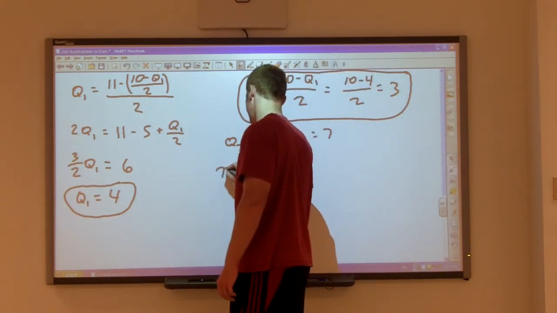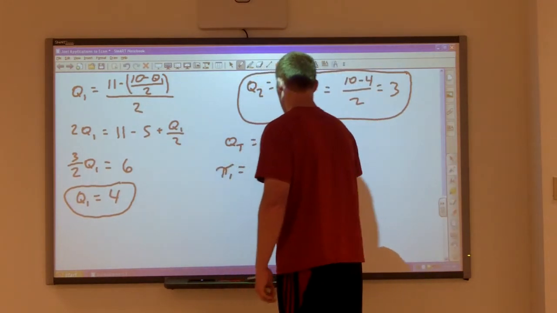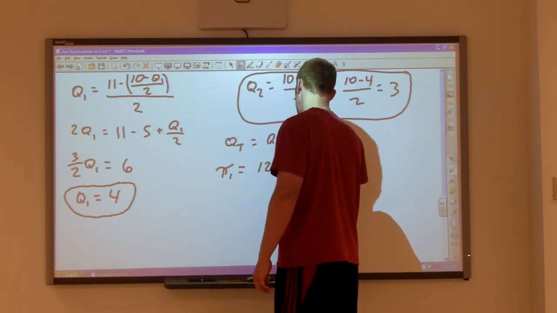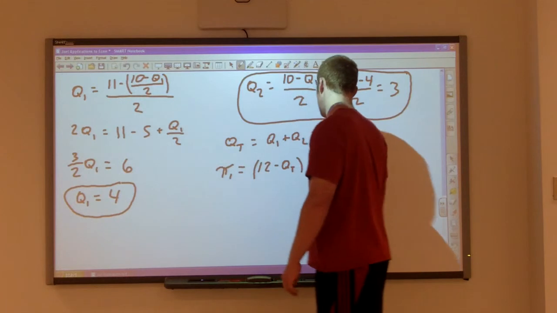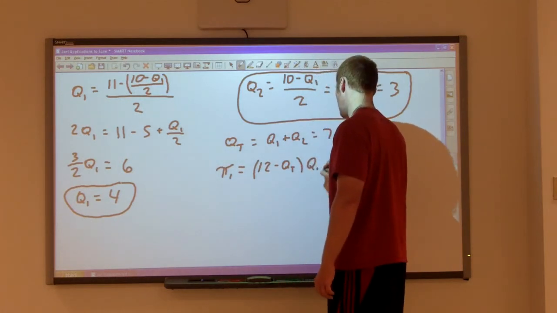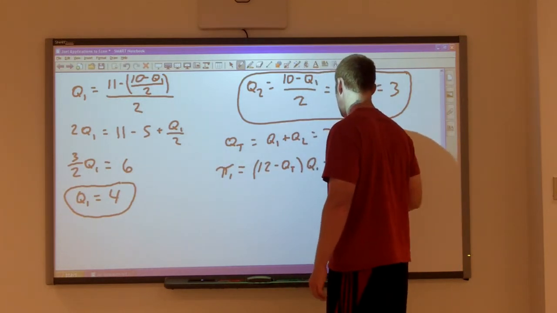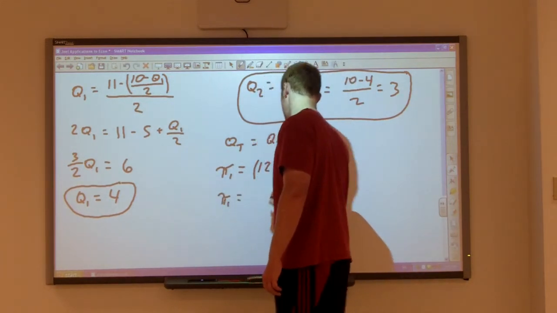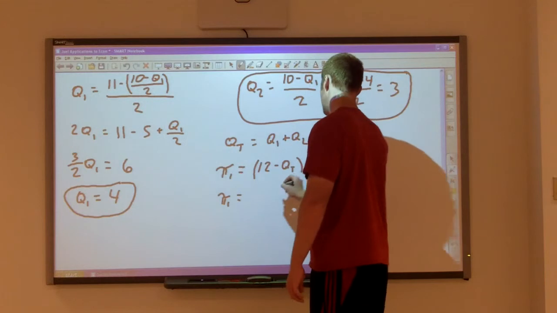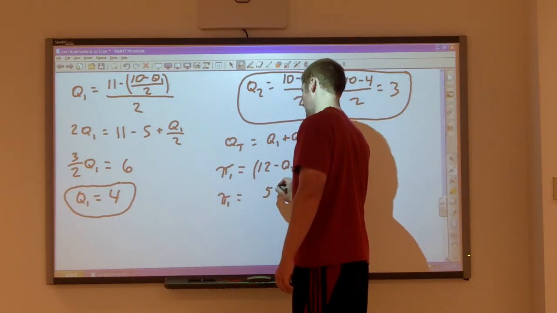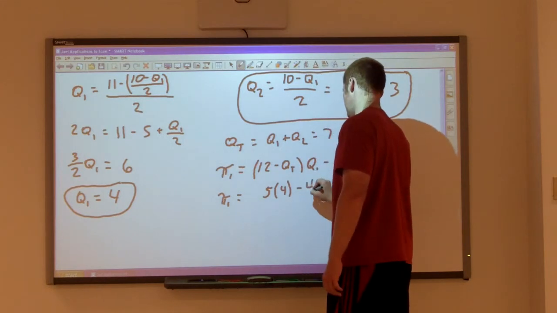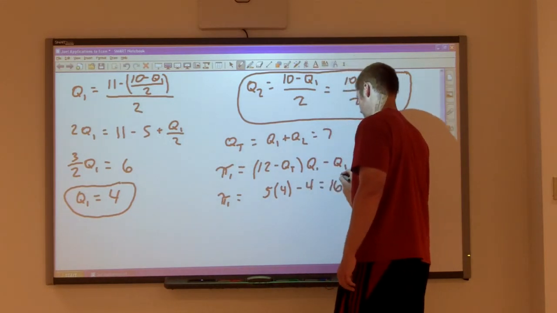So pi 1 is 12 minus Qt times Q1 minus Q1, which is simply 12 minus 7, so 5, times Q1, which is 4, minus Q1, which is 4, and that is 16.